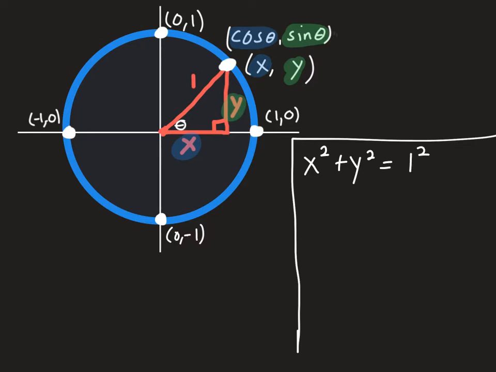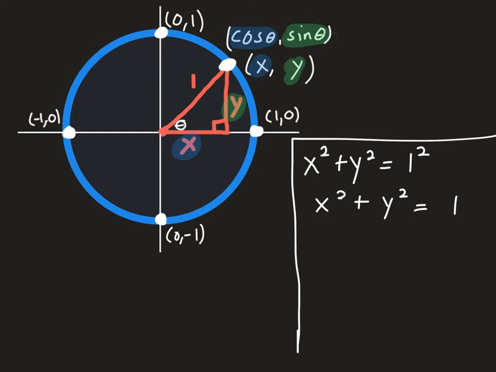Okay, so first of all, how about just 1 squared? Well, 1 squared is just 1, so let's simplify that. Now let's think about what I can replace x and y with. What else do we know about x and y here? Well, x is cosine of theta, y is sine of theta.